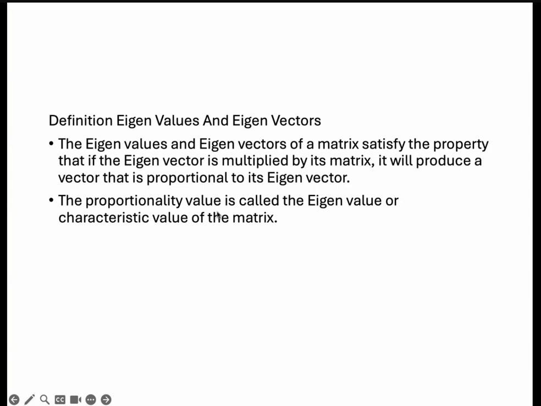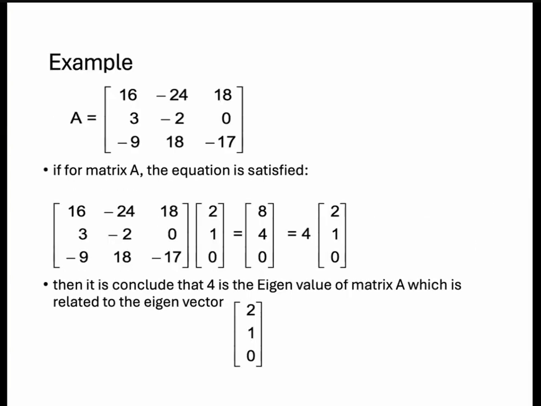Okay. For example, we have matrix A. Matrix A contains 3 rows and 3 columns. Matrix A has order 3 by 3.